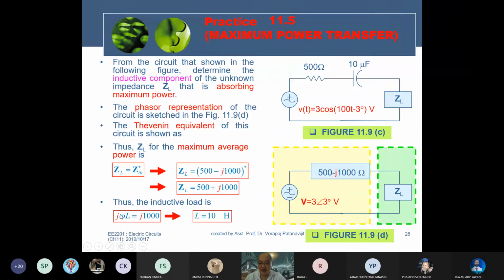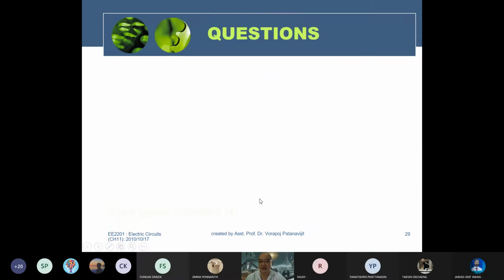The general form of the inductive load is j omega L. You compare the left hand and the right hand. You know that omega equals 100, therefore you can determine the inductance. The inductance is equal to 10 Henry in this case.